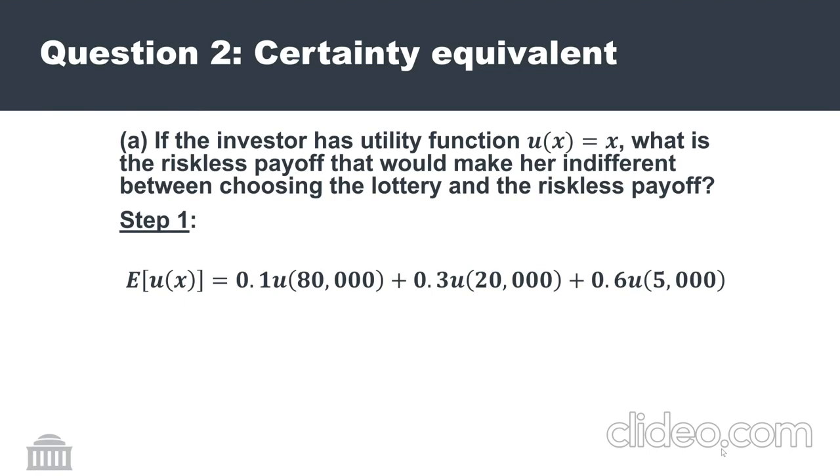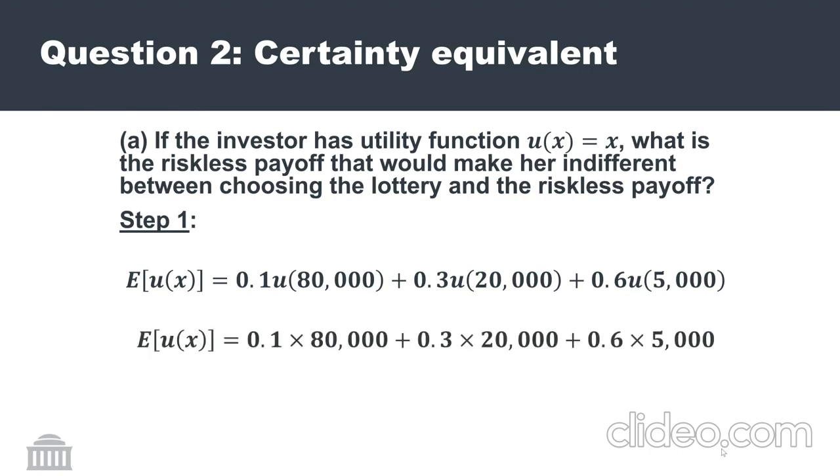Since the utility function is linear, this just becomes 0.1 multiplied by 80,000 plus 0.3 multiplied by 20,000 plus 0.6 multiplied by 5,000. Computing this gives us the expected utility of 17,000. So this is the expected utility of this investor from this given lottery.